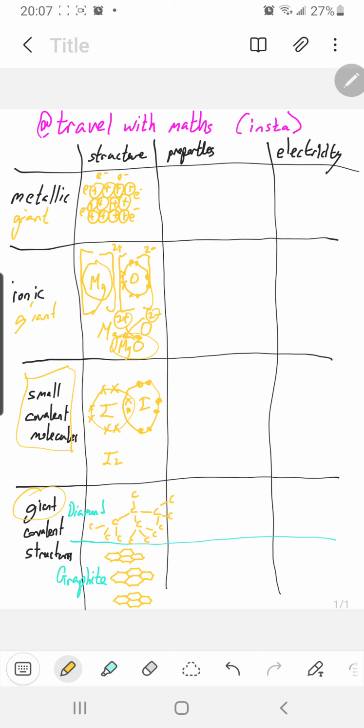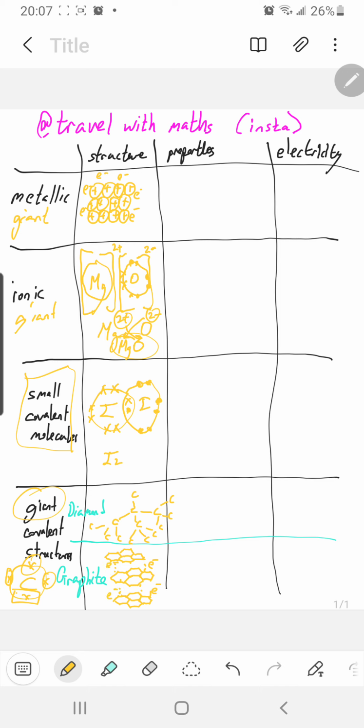The 4th one is free, because carbon is in group 4, it has 4 electrons. So this one gets involved in bonding, this one, that one, and this one here will be free, and that is the one that is delocalized in the structure. Okay, so you've got delocalized electrons in the structure.